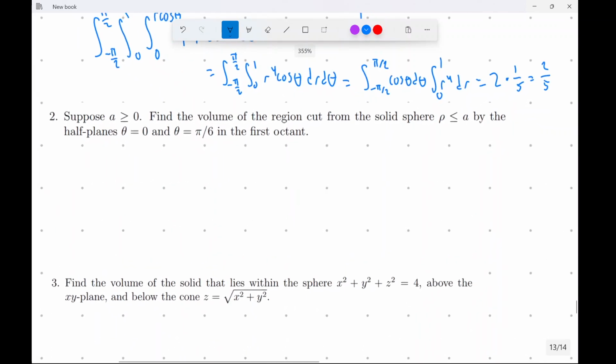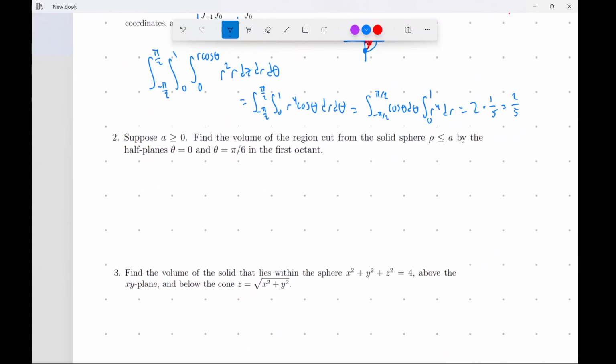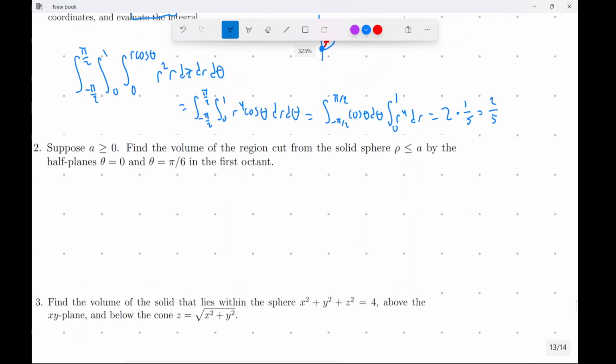Number 2, suppose a is greater than 0. We want to find the volume of the region cut from a solid sphere, rho less than or equal to a, by these 2 half planes in the first octant. Okay, so let's try to draw this picture. We have a solid sphere.